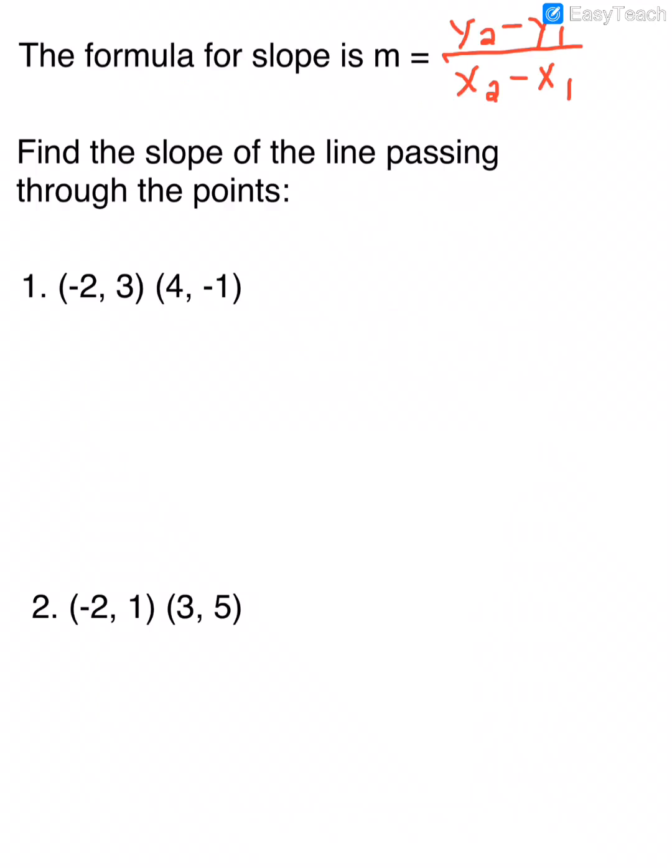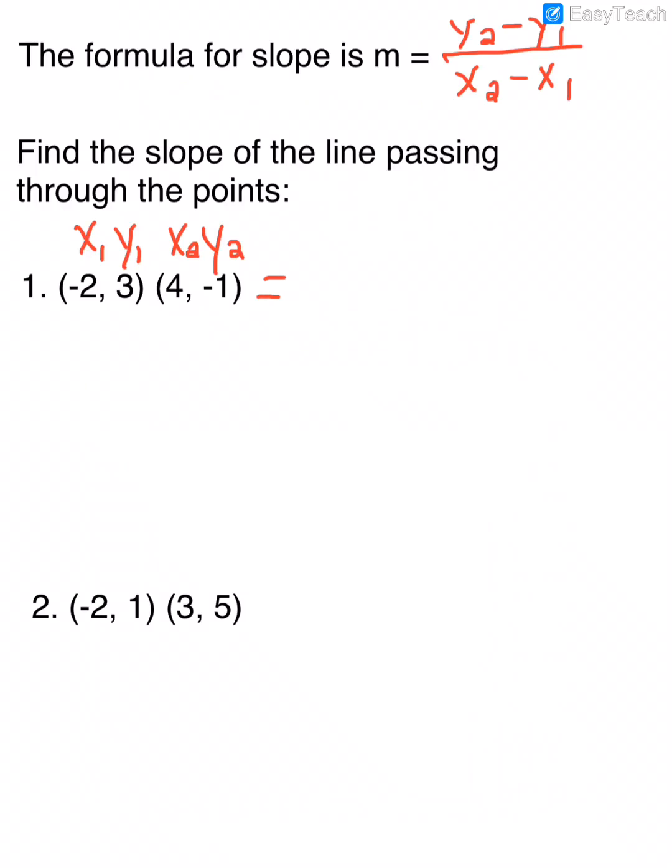In this first coordinate, this is my x and this is my y. Well, in my second coordinate, I also have an x and a y. So we just need to name one of them our x and y sub 1's, and in the other one, those would be my x and y sub 2's. So now that we've labeled our coordinates, we're just going to plug them into the slope formula.